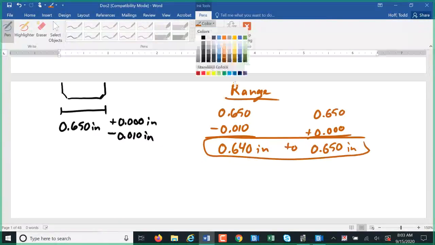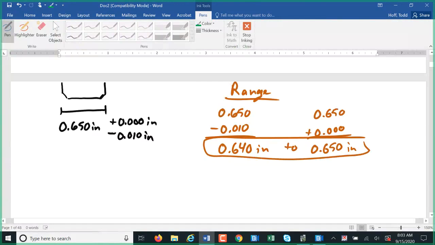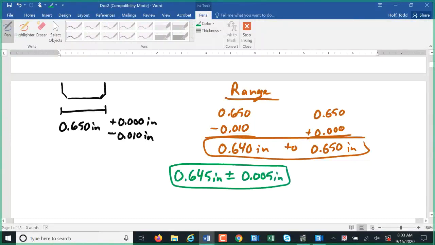Well, that is the exact same range we would get if we had listed this as 0.645 inches plus or minus 5 thousandths. It would give us that exact same range. So why list it like this instead of like this?